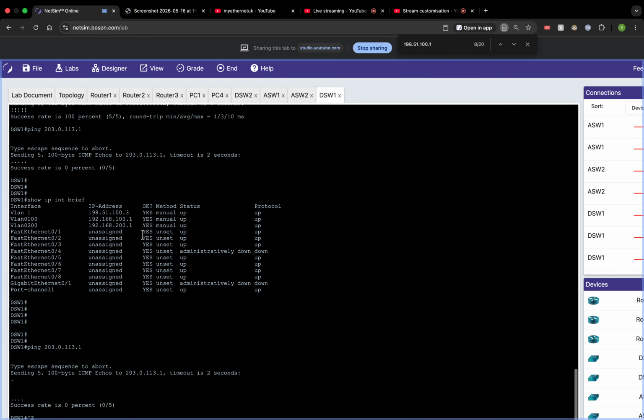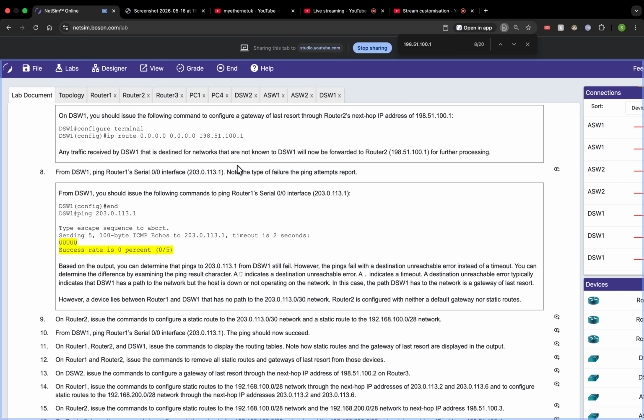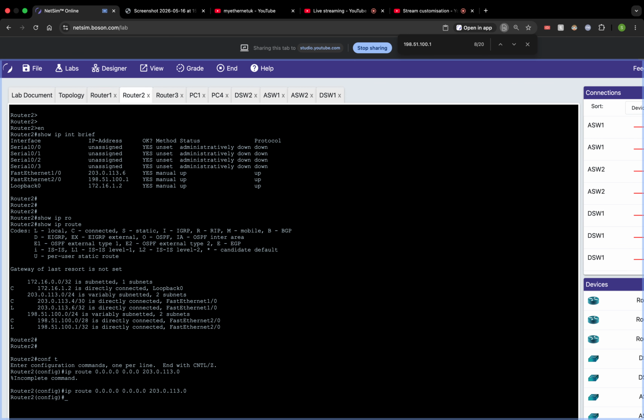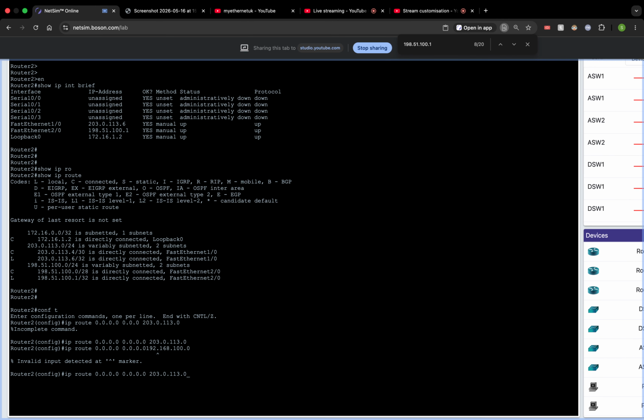One to the 203.0.113 network. So let's go back to router 2. Let's do conf t. Let's teach this guy how to get there. So this is your gateway of last resort, 0.0.0.0. Sorry, I'm missing a 0 there. Quadruple 0 should be. So it's got a route there.